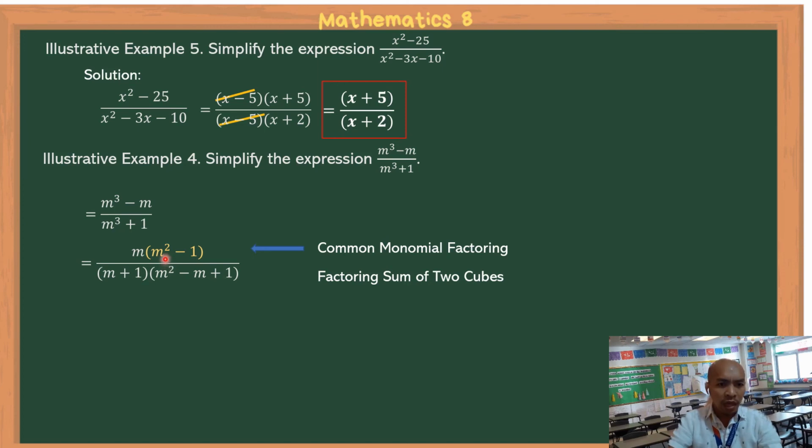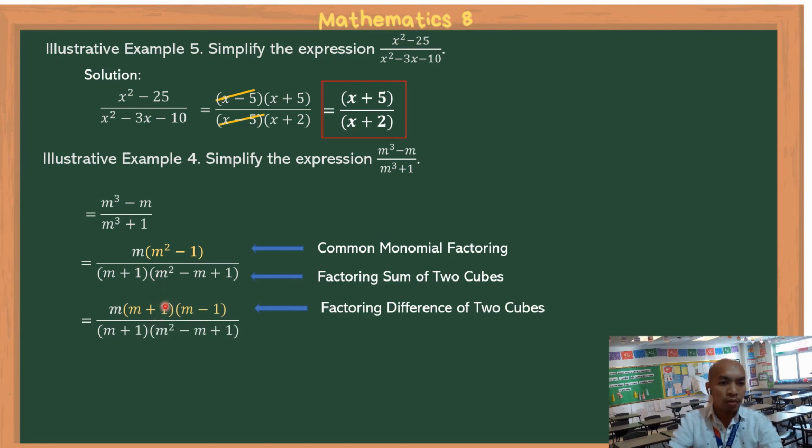Now notice that our numerator m squared minus 1 can be factored because, as you notice, this is difference of two squares. So to factor that, we will follow the factoring of difference of two squares. The square root of m squared is m, then the square root of 1 is 1.